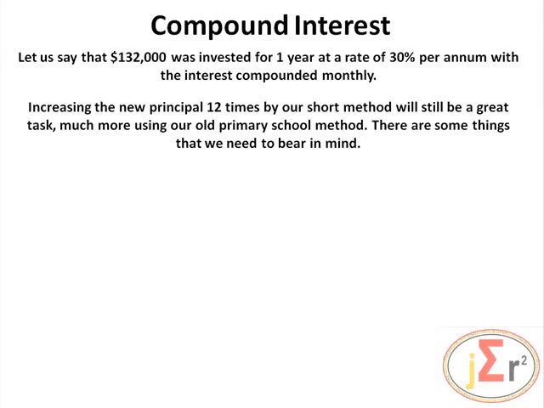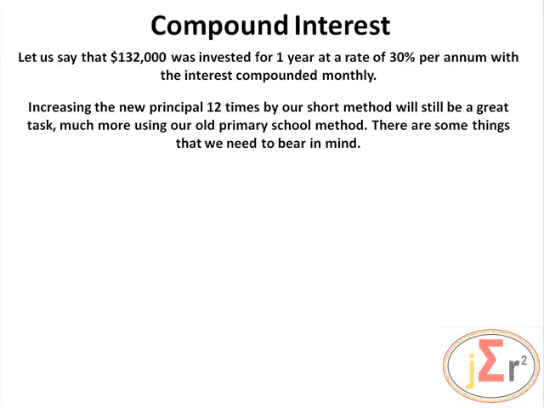Increasing the new principal 12 times by our short method will still be a great task, much more using our old primary school method. There are some things that we need to bear in mind. Now, if we are going to just say, find 12% of $132,000, then add it to that, then go back again, find the percentage and add it, find the percentage again and add it, that is going to be some tough task.